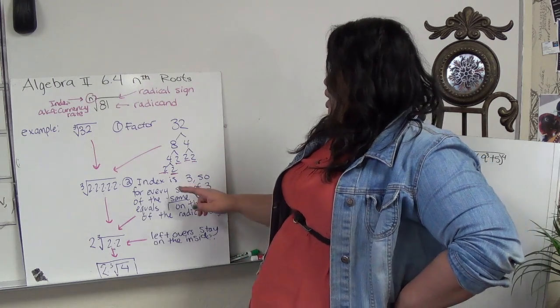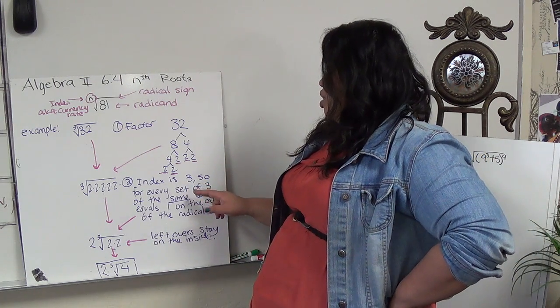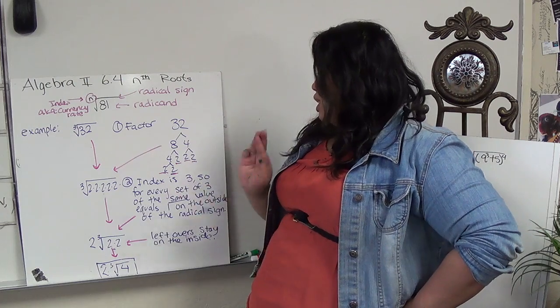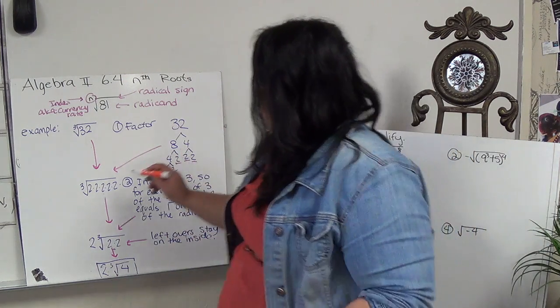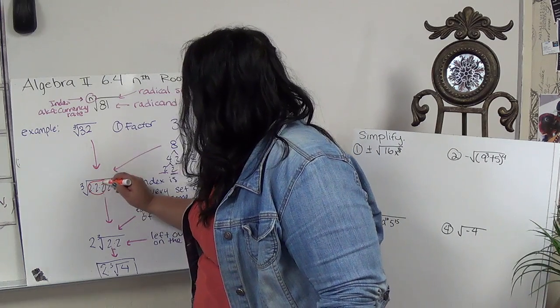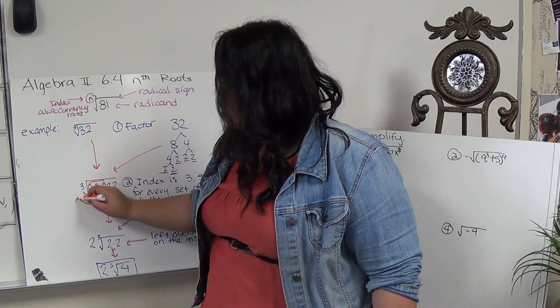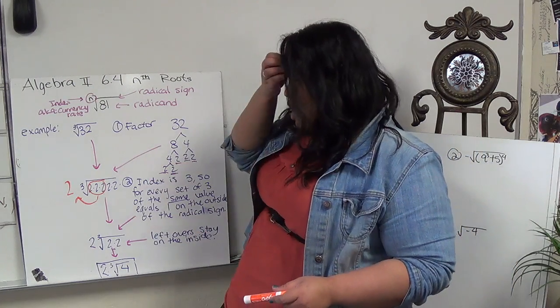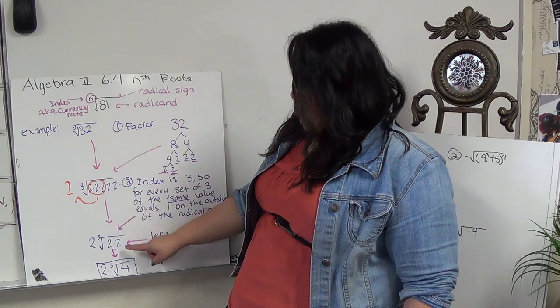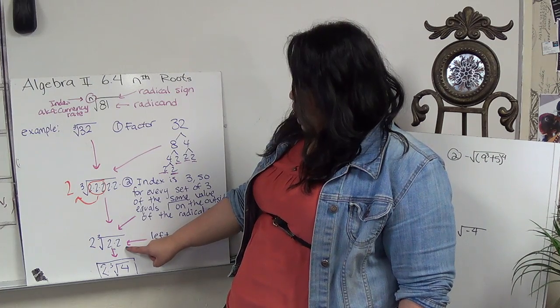So basically, the index is saying that I need 3 of the same numbers in order to bring one out. If I took out one set of 3 2s, it comes out as just one 2 on the outside. The other ones don't have another set of 2s, so I have to leave those in there.